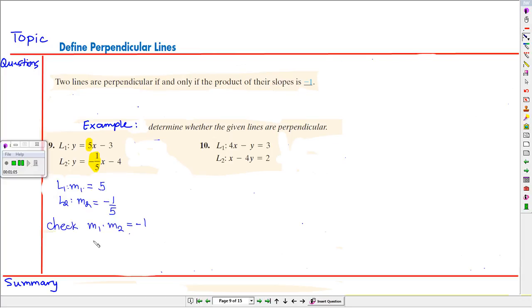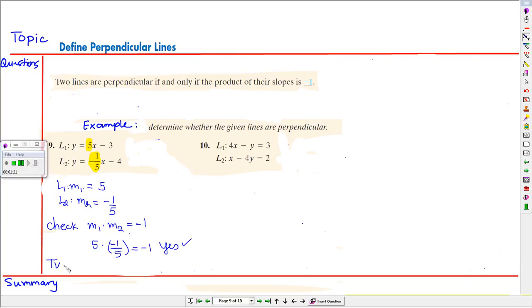So we substitute M1 for 5, M2 for -1/5. When we multiply, that will give us -1. So therefore, yes. If it's yes, then we can conclude that the lines L1 and L2 are perpendicular.